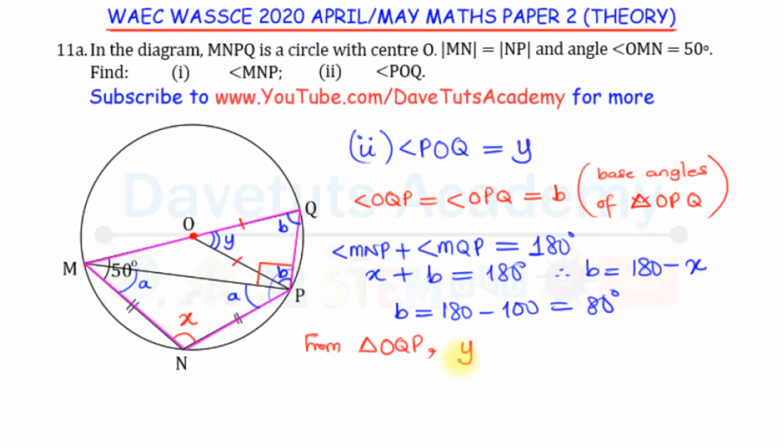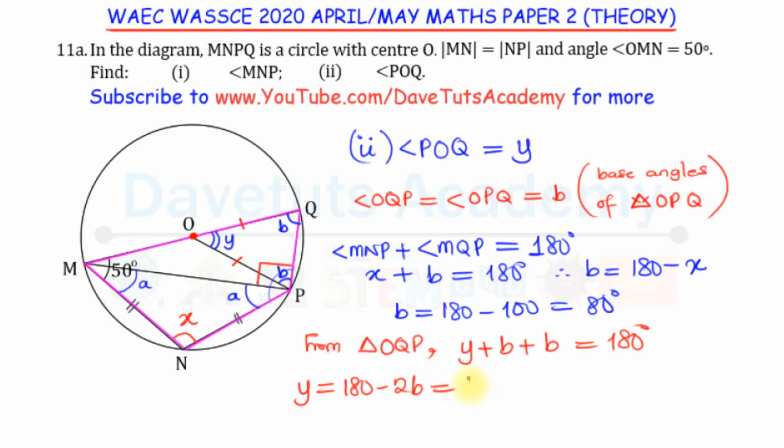Why am I saying that? Y, B, and B are the angles in that particular triangle, and we know that the sum of angles of a triangle is 180 degrees. So Y will be 180 minus 2B.